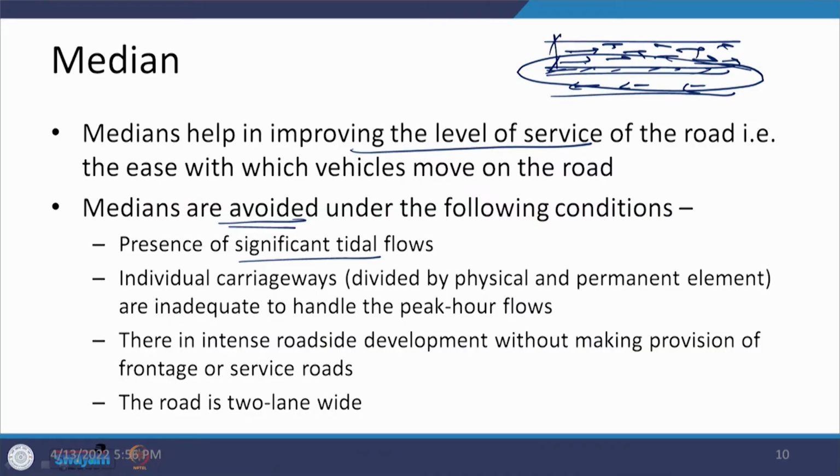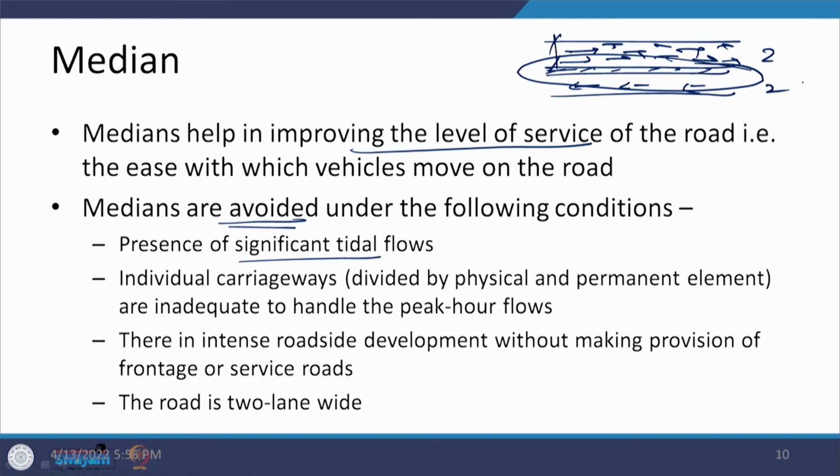So, if that is the case and you have provided a median, then optimal usage of the lanes which have been provided would not be possible. So, instead of using 2 and 2 lanes, we can say at one point of time 3 lanes are being used in one direction and 1 lane in the other direction. So, if tidal flows are there, then it is not good to provide a median.